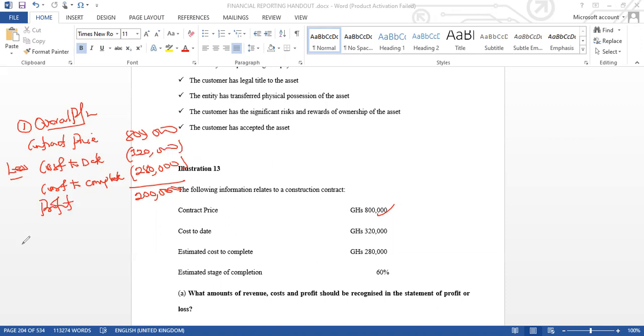So if it is a profit, then I need to move on to step 2 and determine progress. Now, if you check this question, it said that estimated stage of progress has been done already, right? So we just slot in our progress. Sometimes you have to calculate it yourself using the input or the output method. Okay, you have to do it yourself. All right, now we are done.